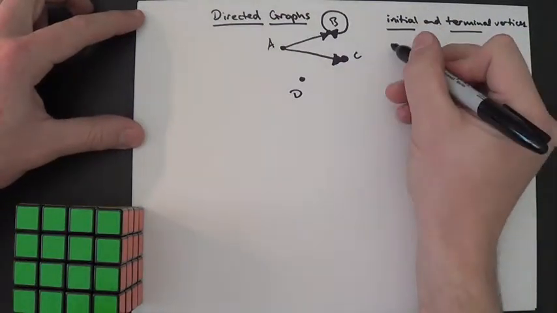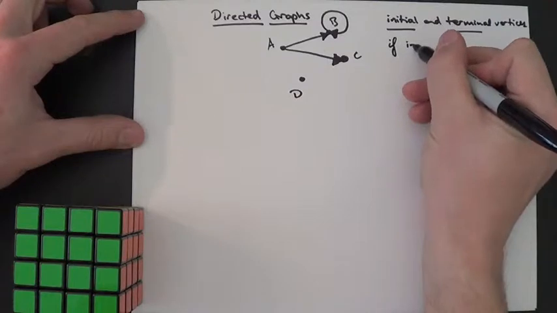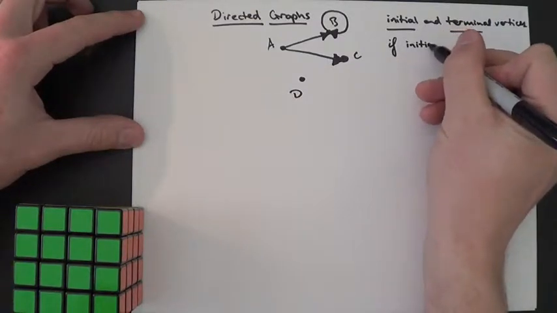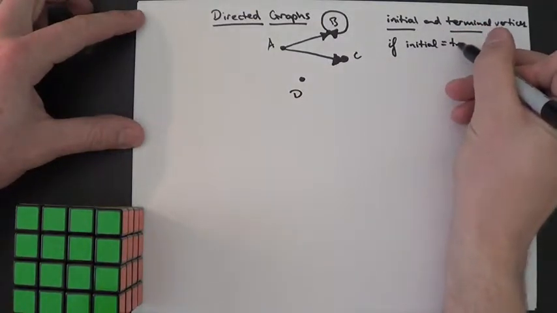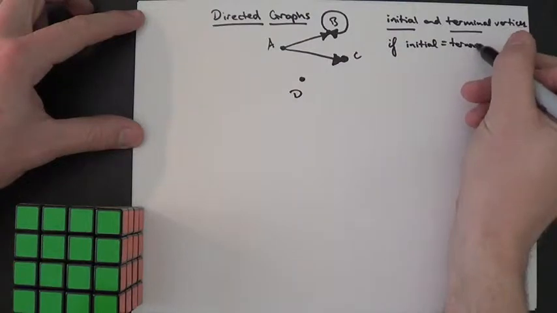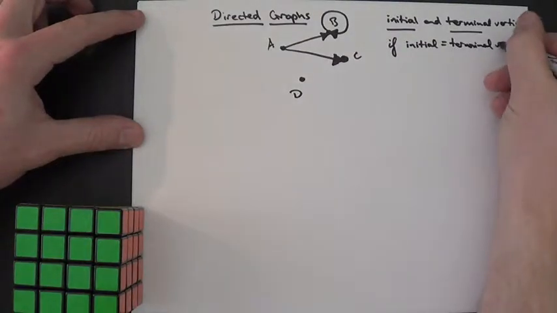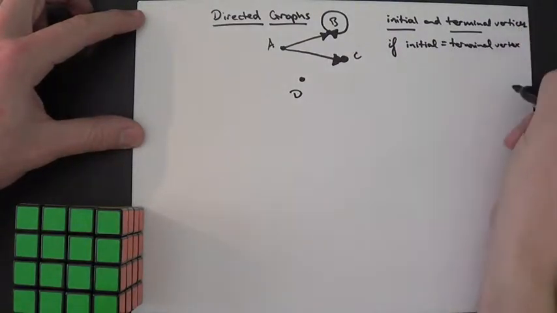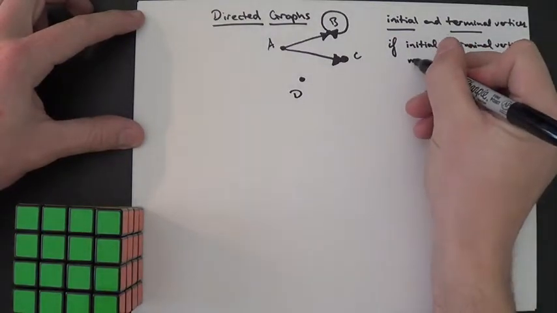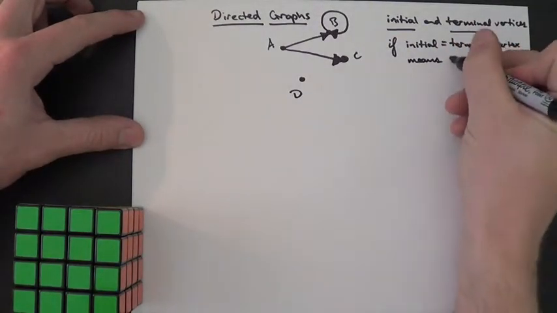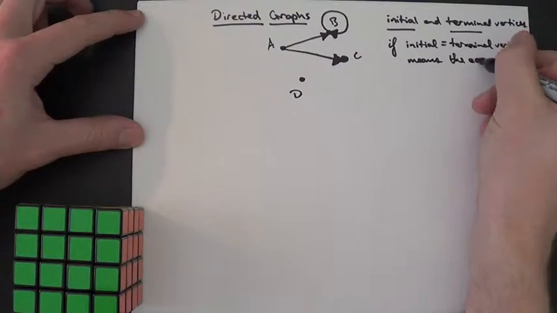Of course, if the initial vertex equals the terminal vertex, that means the edge is a loop.